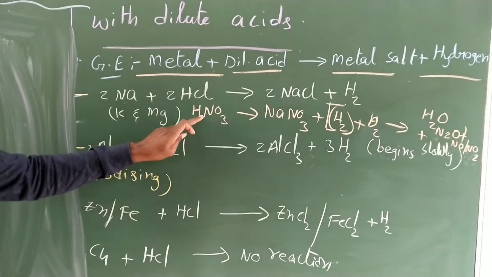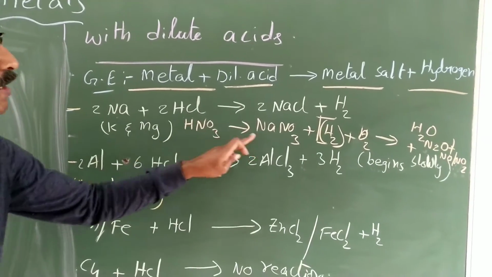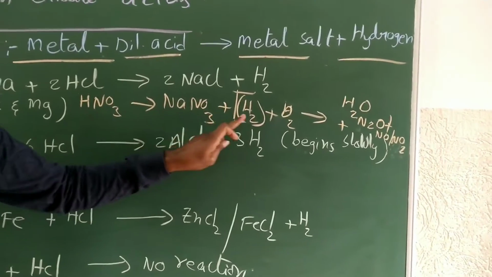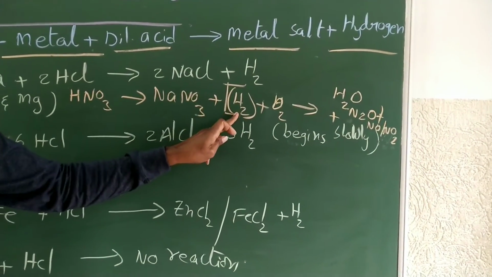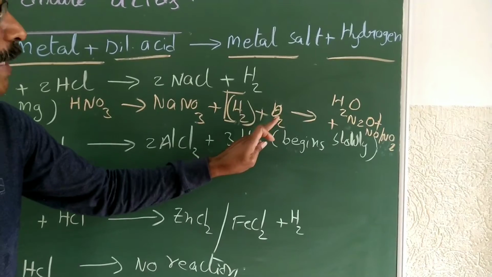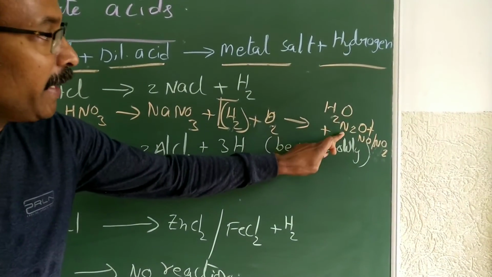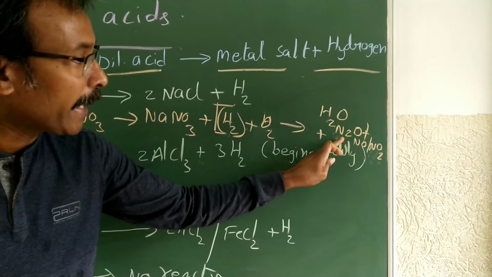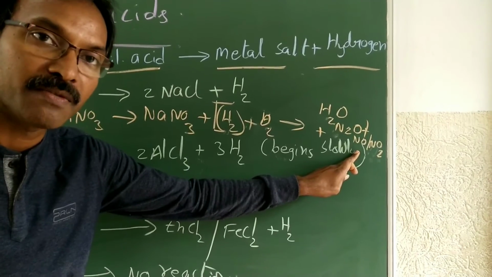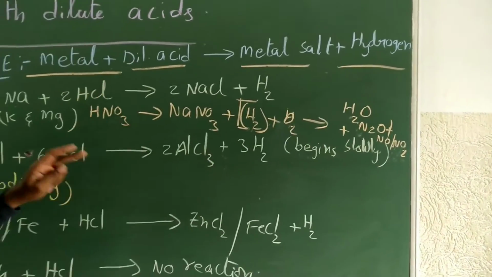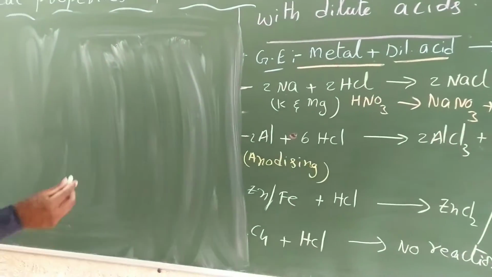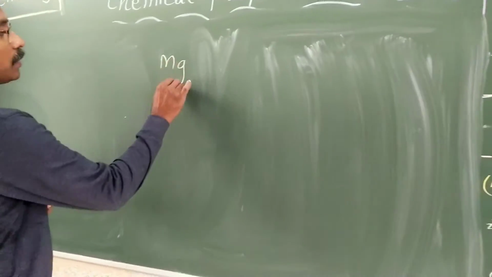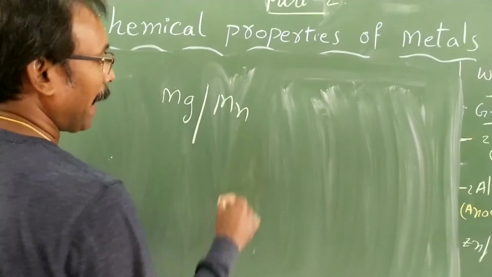But with nitric acid, if you observe, sodium nitrate will be produced, but the hydrogen which is evolved will be oxidized to water. Along with that, one of the oxides of nitrogen will be produced. However, it is different with magnesium or manganese.